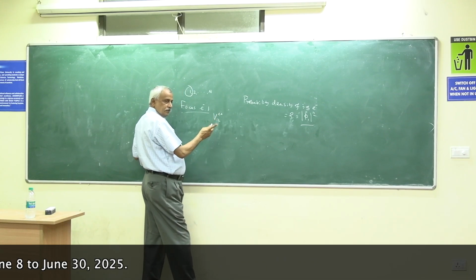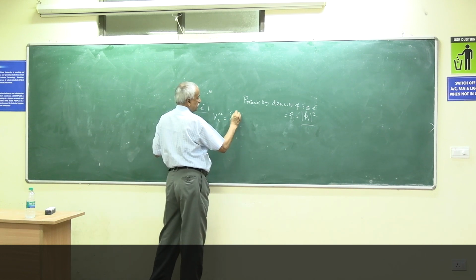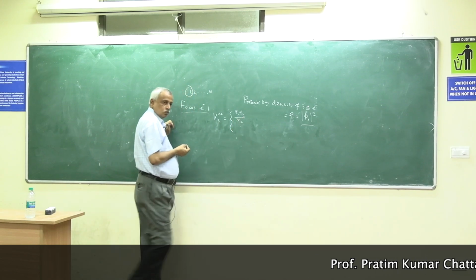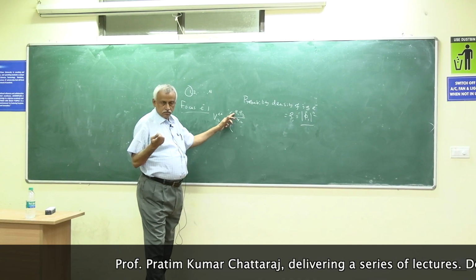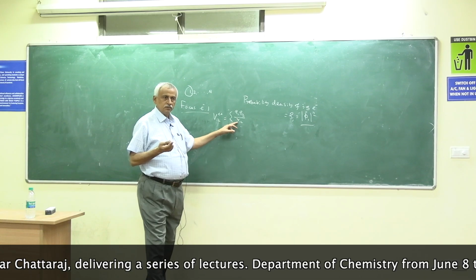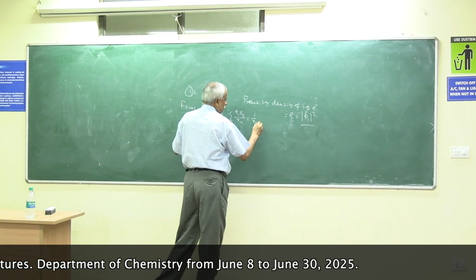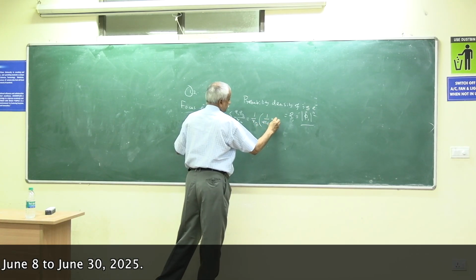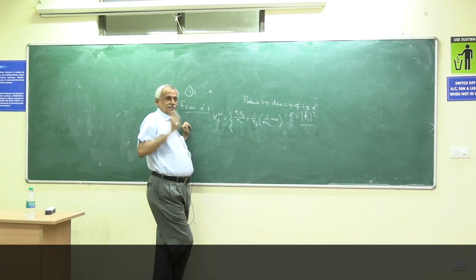If we consider both of them point charges, for point charges it is Q1 Q2 by R12, where Q1 is the charge of electron 1 and Q2 the charge of electron 2. In atomic units, 1 by 4 pi epsilon 0 unit, it is just 1 by R12, if they are considered point charges.